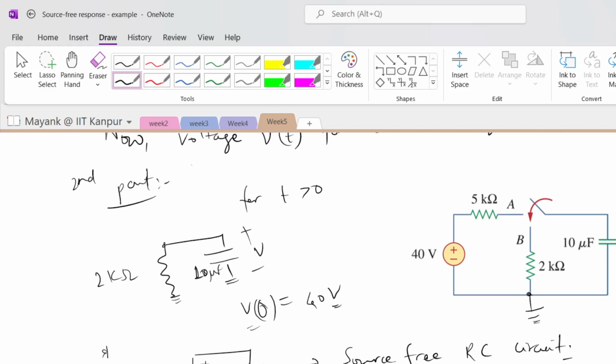So how is the response of this source free RC circuit? V of t, the voltage here, will be V0 times exponential of minus t over RC, right? You remember this. This is the response of a source free first order RC circuit, which is excited due to the initial condition on the capacitor.